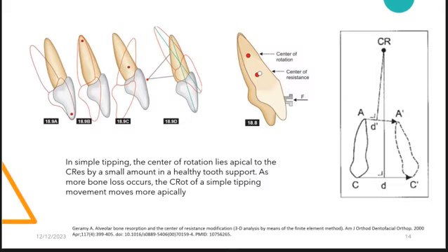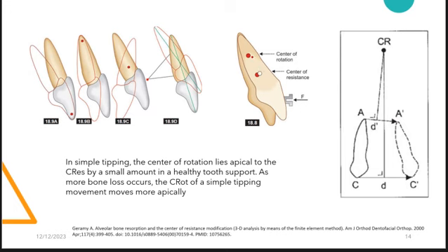Now coming on to center of rotation. The center of rotation is a fixed point around which a two-dimensional figure is rotated. It is the point that remains stationary during the rotation of that particular figure. For a tooth, the center of resistance and center of rotation need not be the same.